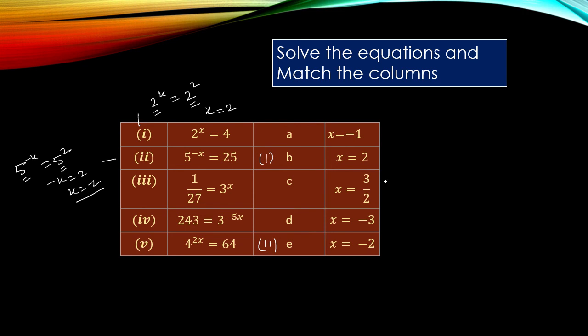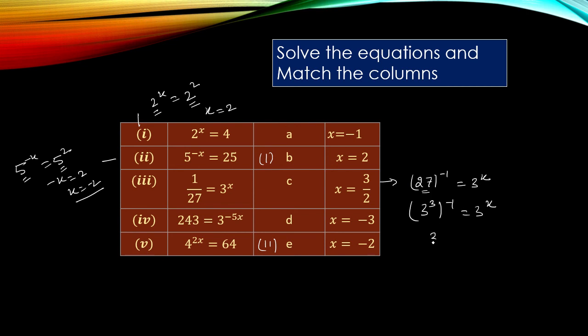Now moving for the third one, we are finding 1 upon 27 in LHS, so we can write 1 upon 27 as 27 raised by minus 1, keeping RHS as it is. Now changing 27 as 3 cube whole raised by minus 1, and RHS remained as it is.